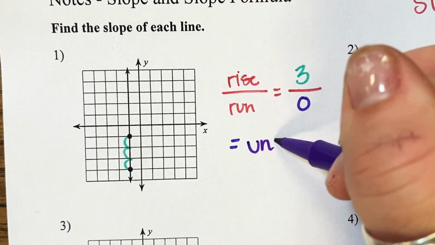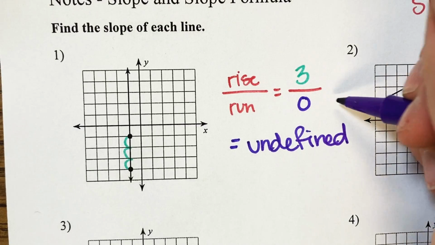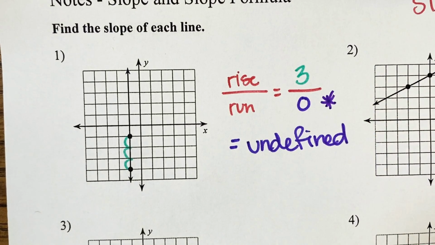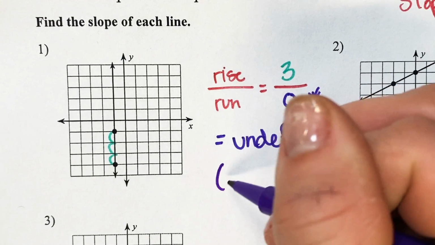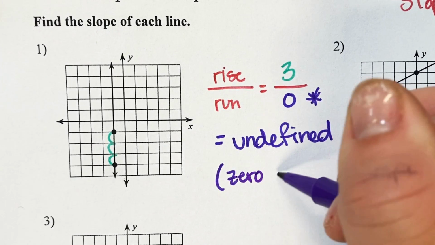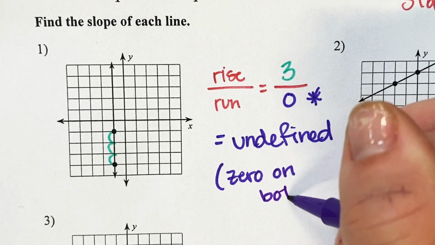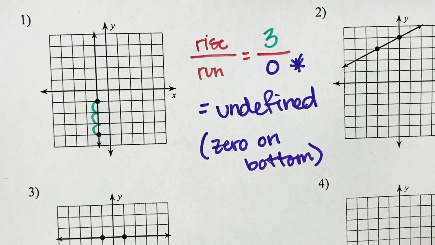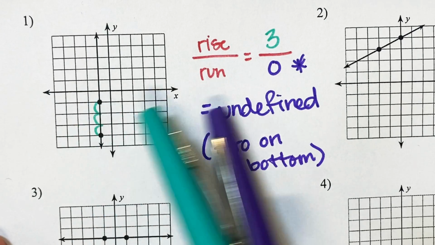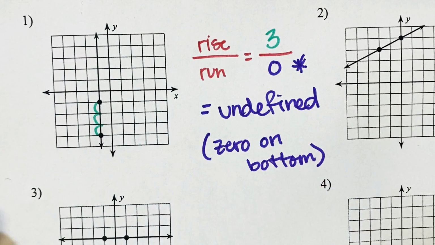This is actually called undefined, whenever you have that 0 on bottom. So undefined, write that. And what that means is the number 0 is on bottom. So that's super important. So we know that our slope for number 1 is actually undefined, because that 0 is on bottom.